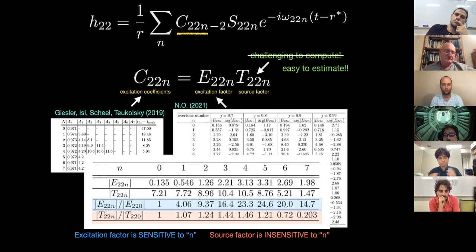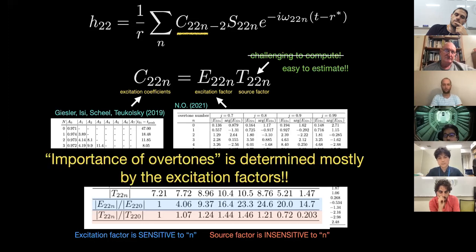So to see the importance of the overtones, we should know the behavior of the excitation factors. The excitation factors are independent of the initial conditions and determined only by the spin and the mass of the remnant black hole. This is actually a very powerful statement.